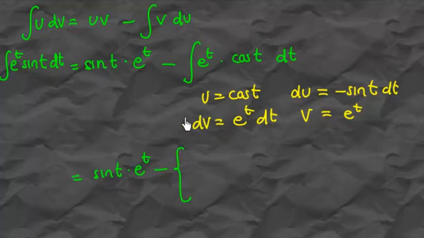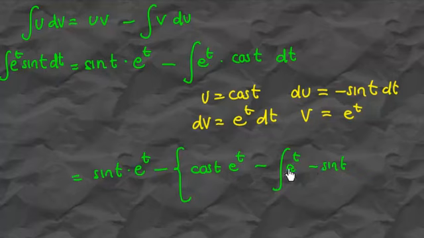The same as we usually do, we have u times v, cosine t e to the t, minus the integral of v du, e to the t, and then du is minus sine t.